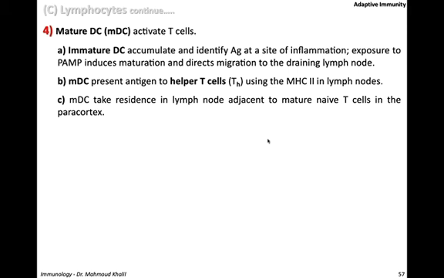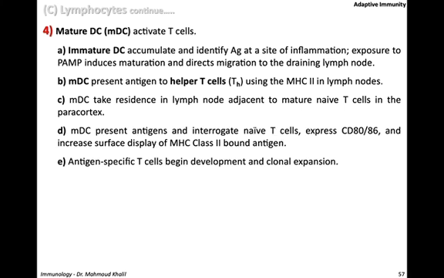Soon after that, the mature dendritic cells present this antigen to try to educate these naive T cells, and also express CD80 and CD86 and increase the surface display of MHC class 2 bound antigen, because as we said, there is a restriction for the T helper cell to identify the antigen presented on the antigen presenting cell together with class 2 MHC.